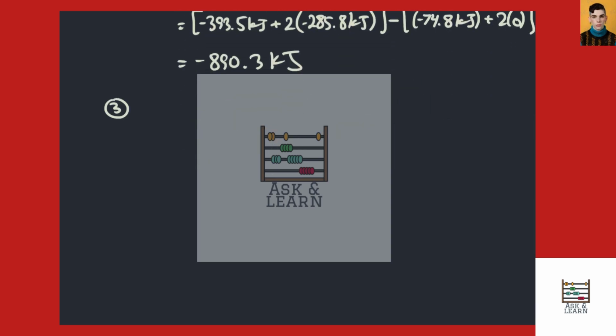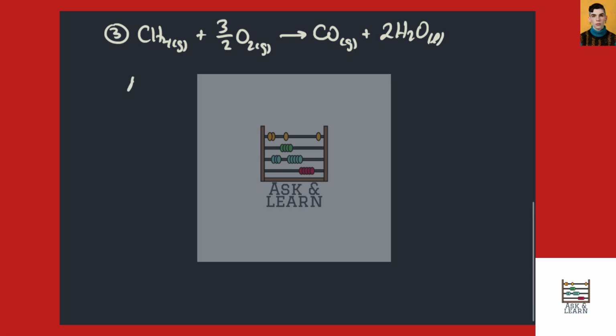And for reaction number 3, we have CH4 gas, 3 halves O2 gas, which will produce CO gas, 2H2O liquid. Delta H naught of reaction is equal to the enthalpy of formation of products minus delta H naught formation of reactants.